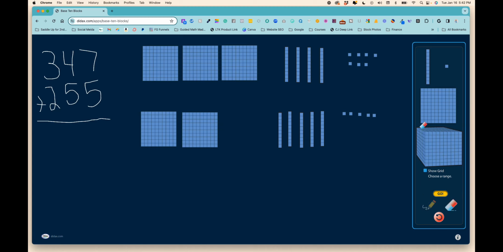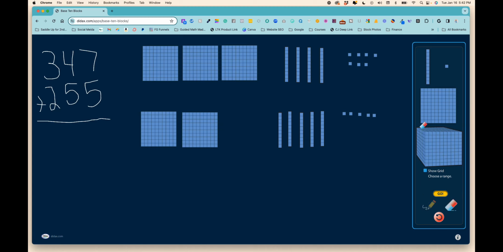Now, let's solve for the tens place. We originally started out with 4 plus 5, but now we added in an extra one. So we have 10, 20, 30, 40, 50, 60, 70, 80, 90, 100. I know that because we have 10 tens blocks, by using that background and having that place value knowledge, I know that these 10 tens blocks can be exchanged to make a hundreds block.